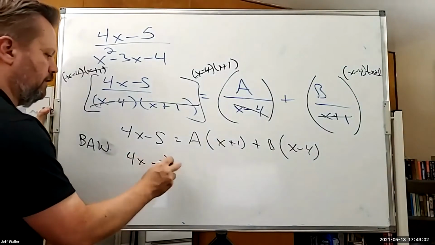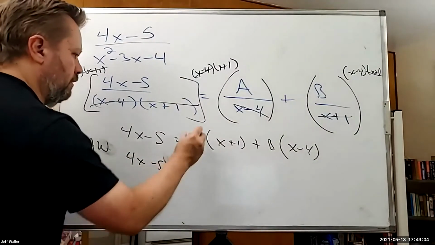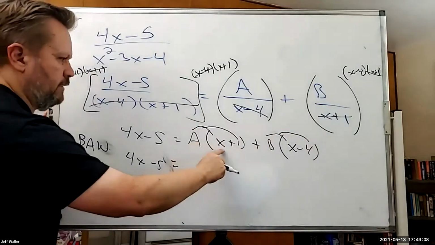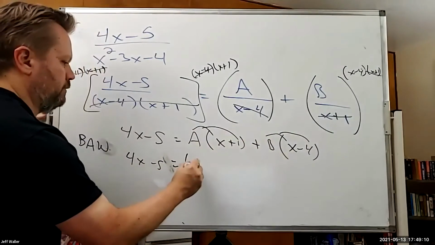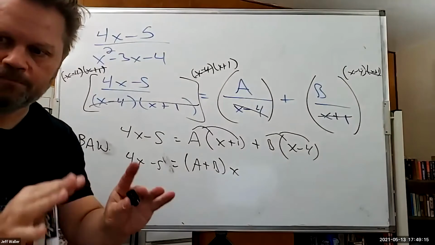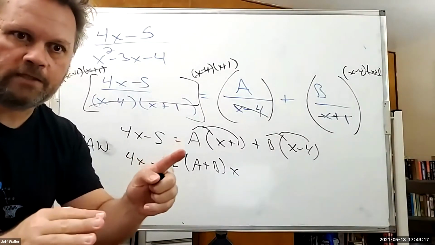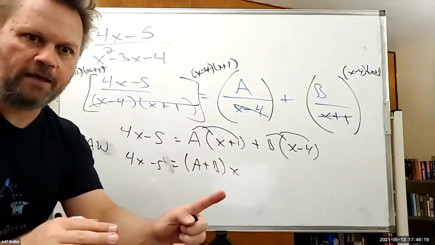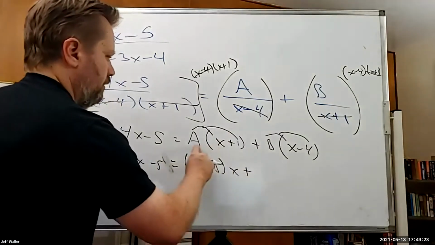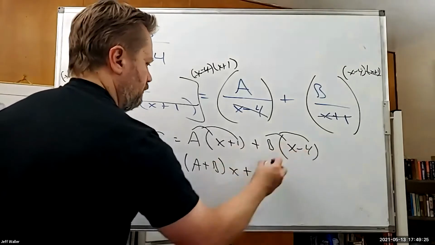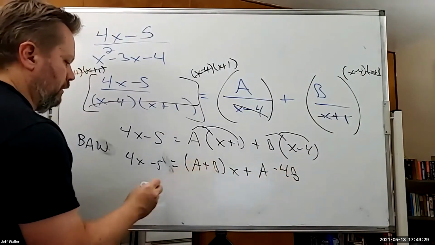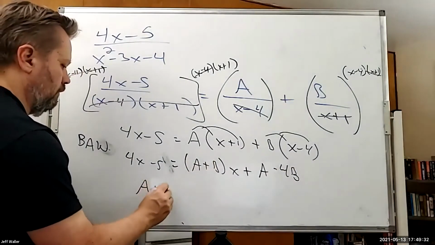4x minus 5. I'm just going to distribute, right? Can you guys see it's going to be ax plus bx? So it's going to be a plus b, x. Is that cool? And then what do I get at the end here? I get a minus 4b. So somebody please tell me, what is a plus b gotta be?